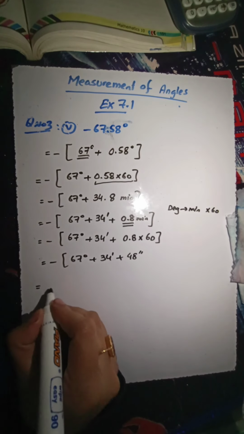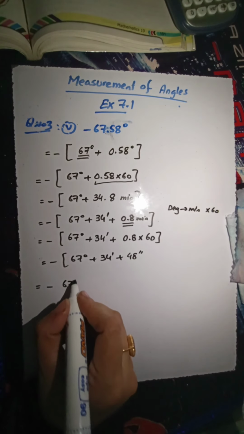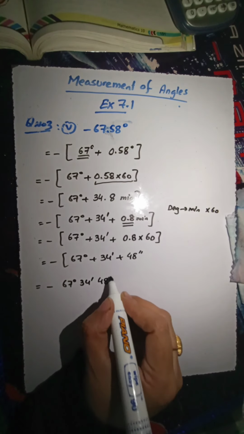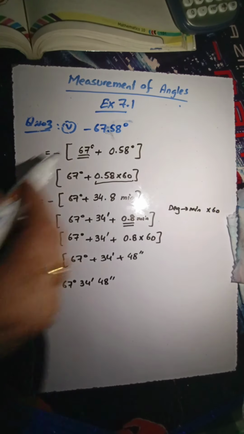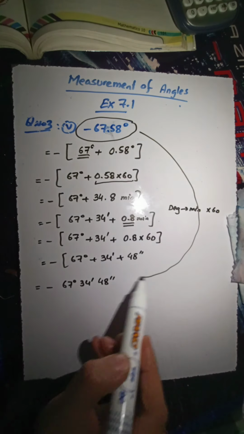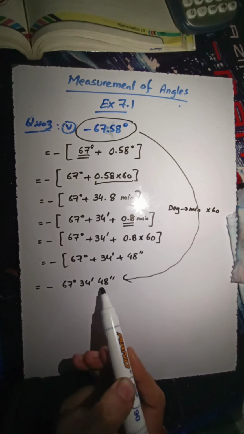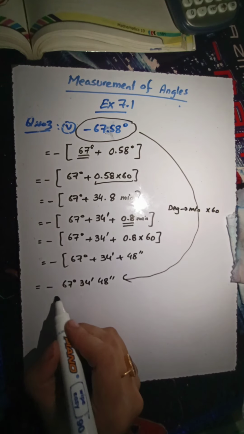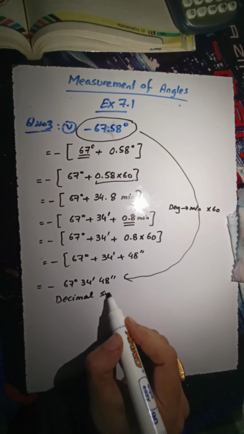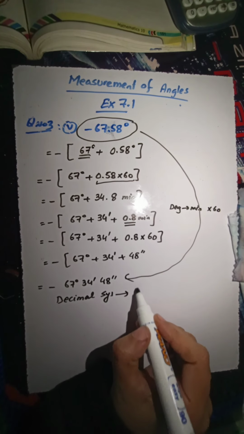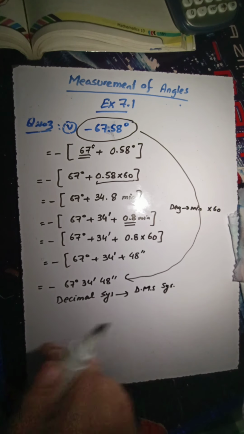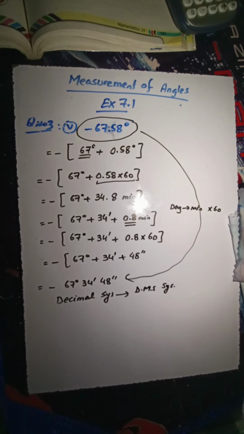So this angle is equal to negative 67 degrees, 34 minutes and 48 seconds. It means that we have converted this decimal form of the degrees into degrees, minutes, seconds form. We have moved from decimal system to D.M.S system.